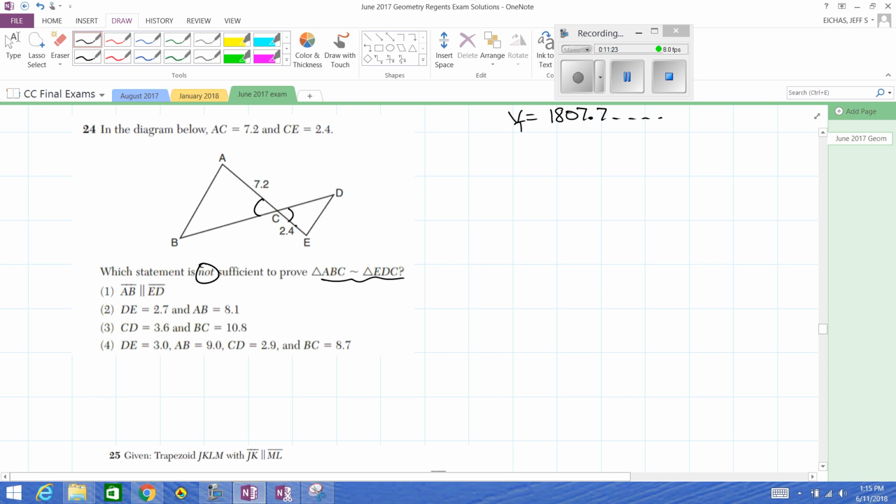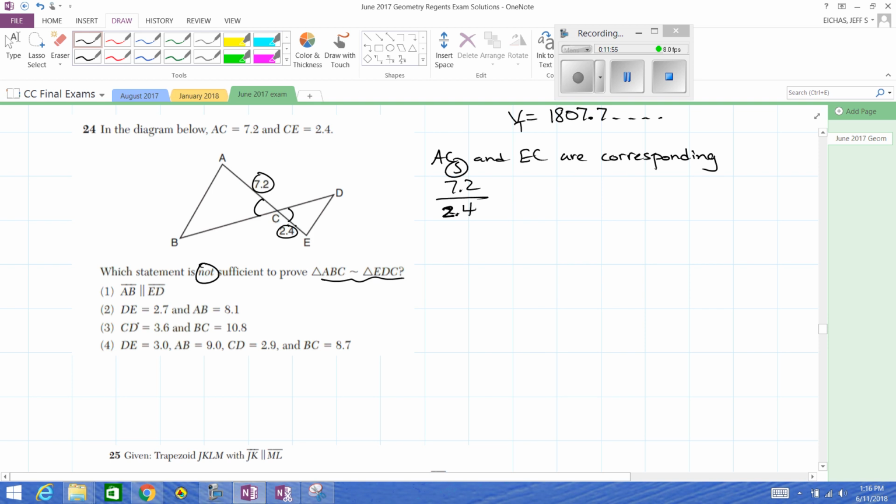So they want these two to be the proportional sides, because if you look, AC and EC are supposed to be corresponding. So AC and EC are corresponding, according to our similarity statement. Okay, so 7.2 to 2.4 is the ratio we're looking at here. So for a pair of sides, if we use that.